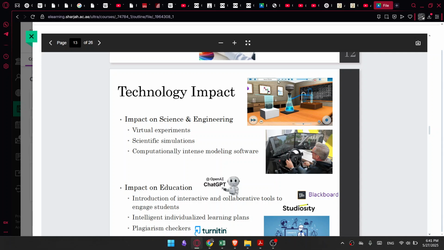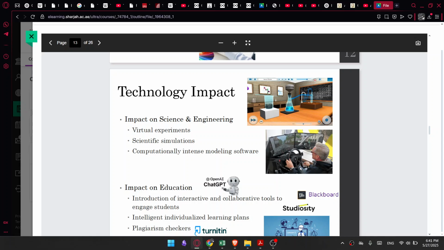For example, this picture is about a simulation of a laboratory, which has some chemicals and substances. So they can use whatever they want, add, drop anything, so we can change them, and we can invent, for example, vaccines or anything that can help us in the major of science and engineering.